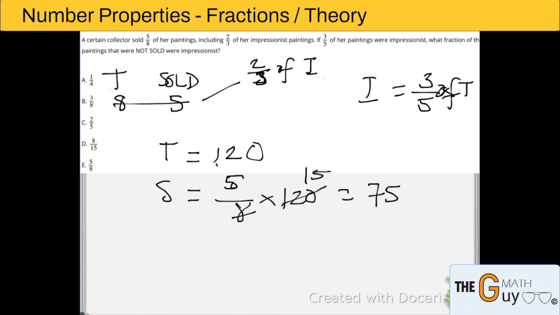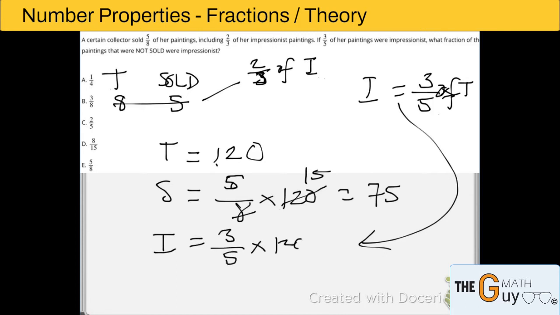Great. 2/3 of her impressionist paintings. I'm going to leave that for a bit. I'm going to start with this calculation here. Impressionist paintings are 3/5 of 120. So I'm going to get 24 times 3, 72. 72 are impressionists. Okay. Out of which 2/3 are sold. So sold impressionists. This is not simple interest. Haha.